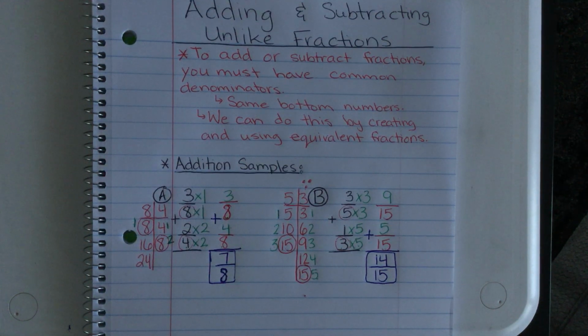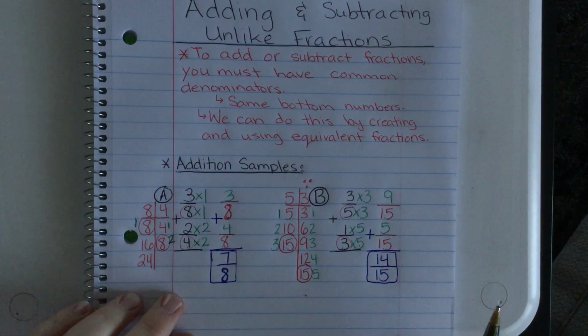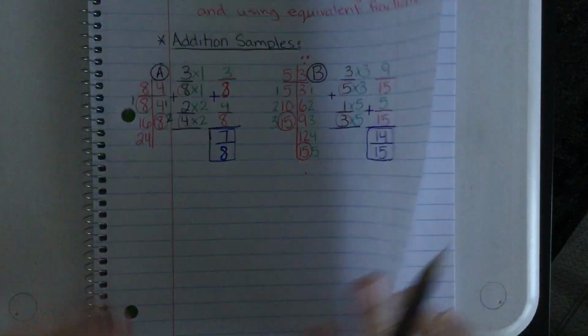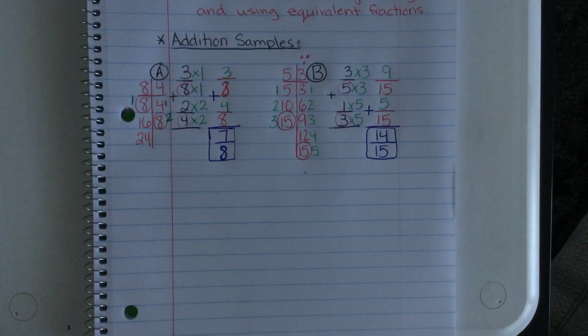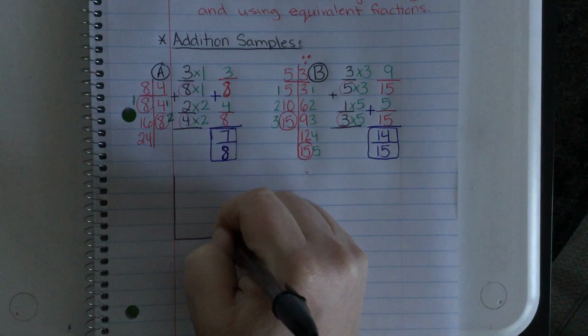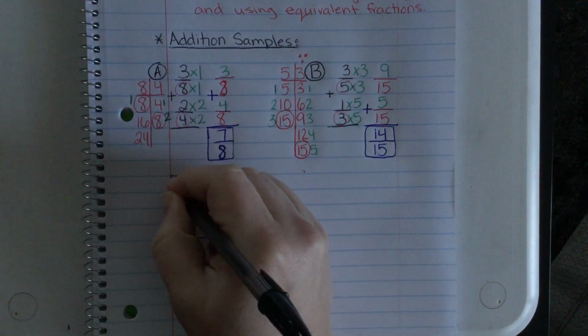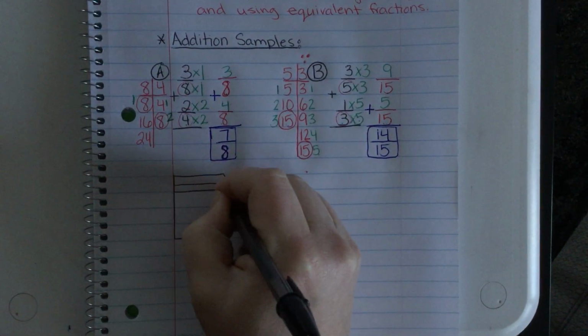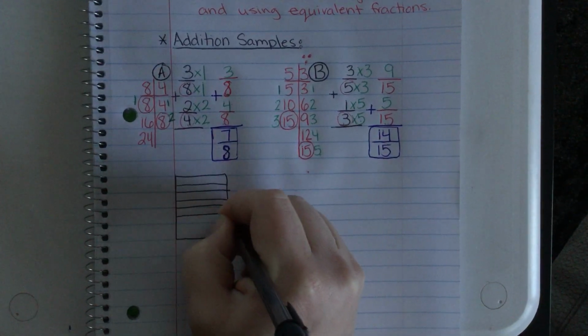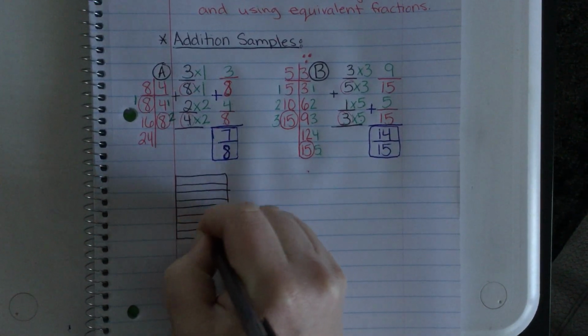Okay, I did say I would show a visual, so let's look at 3/8 plus 2/4. Let's take a look at that. So if I draw a model for 3/8, and it doesn't have to be perfect, 1, 2, 3, 4, 5, 6, 7, 8.